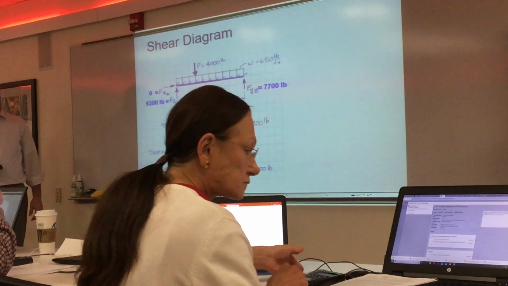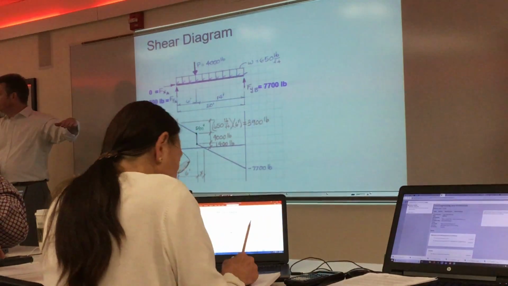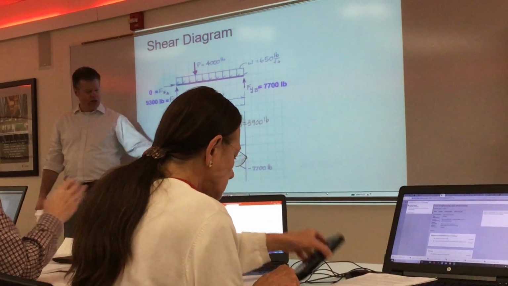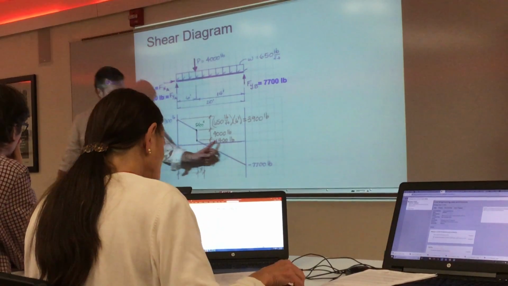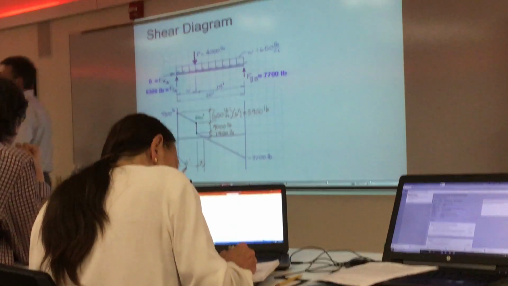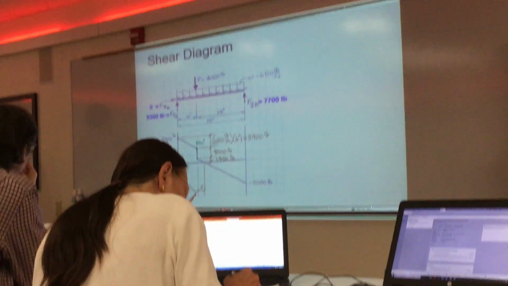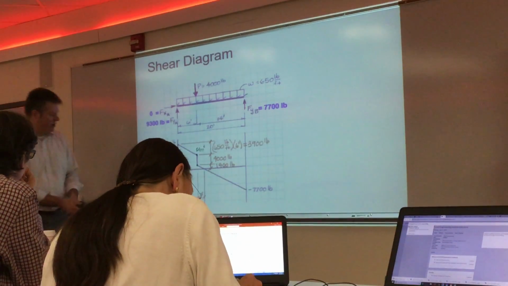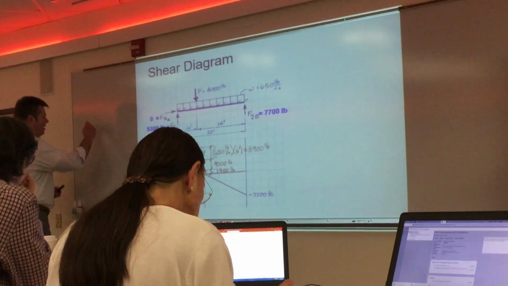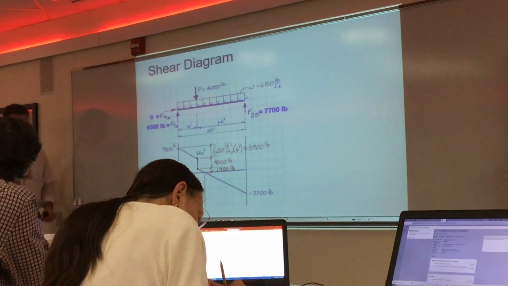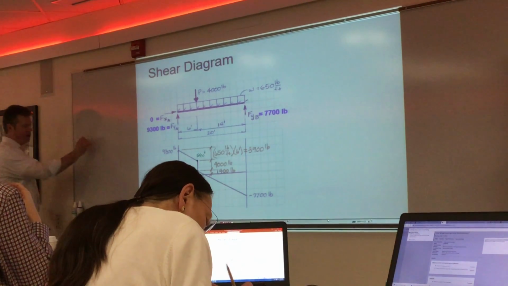This line? That's just like an axis that you're using. The shear is a measure of the magnitude of shear as a function of the length of the beam. So they're just showing something to draw off of, so it gives you a 0 line. If I was starting this from scratch, that would be the starting point, and then I would start drawing from there.